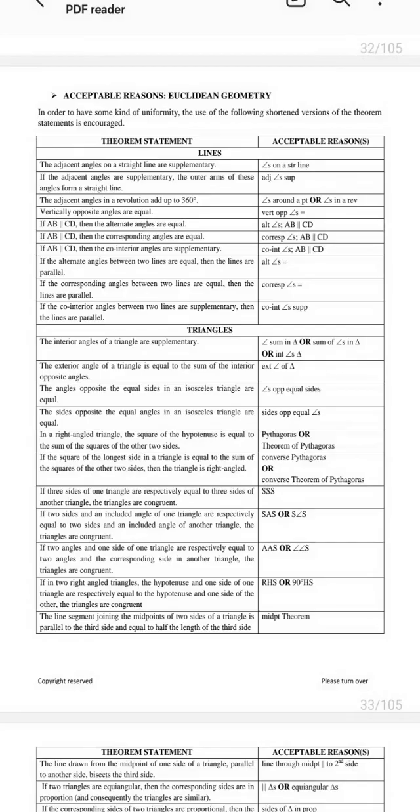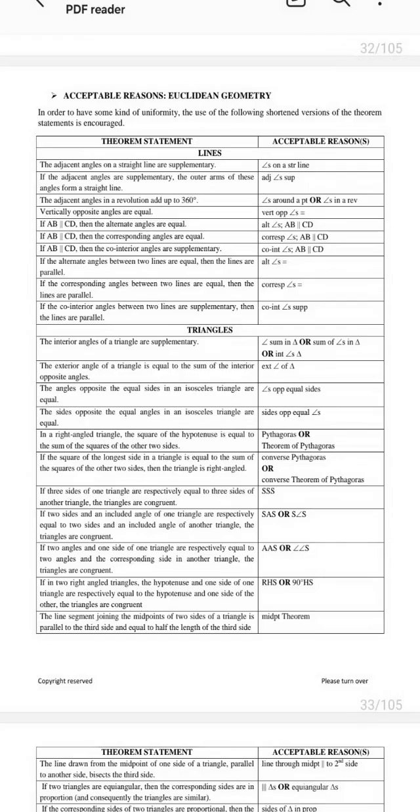So if you are given a certain line segment and they say prove that it is a straight line, the minute you are able to see that two angles add up to 180 degrees, therefore AB is a straight line, the reason you would use is adjacent angles supplementary, which simply means those two angles next to each other, you were able to see that they add up to 180.